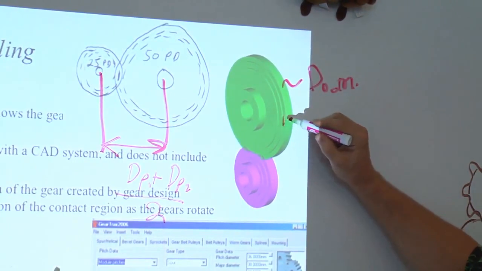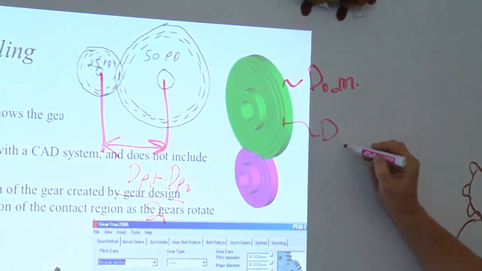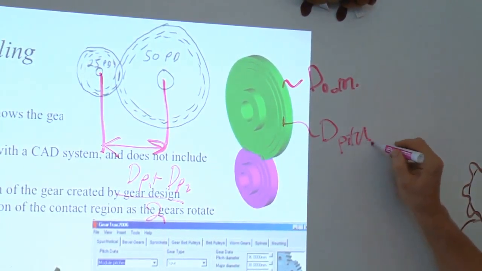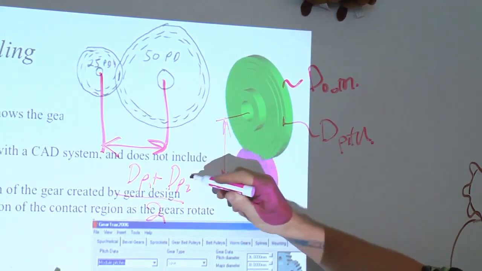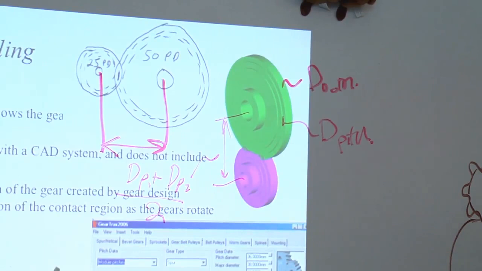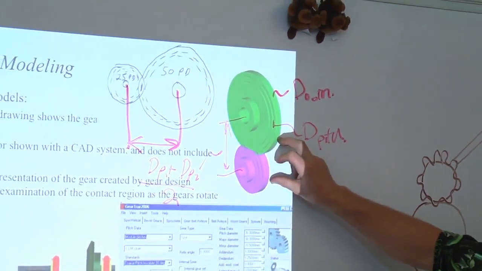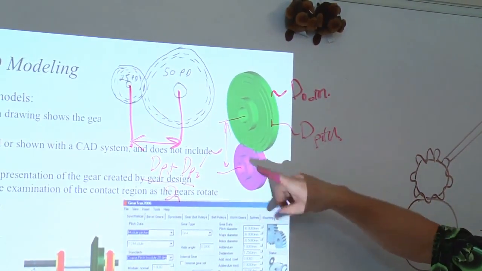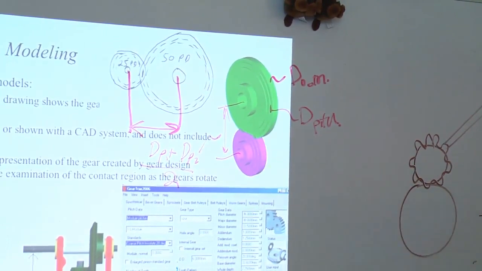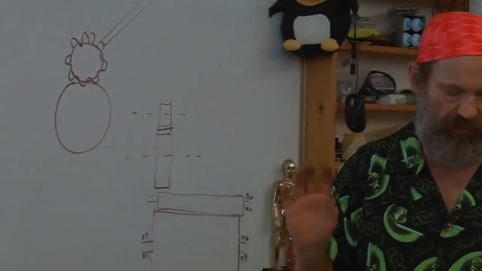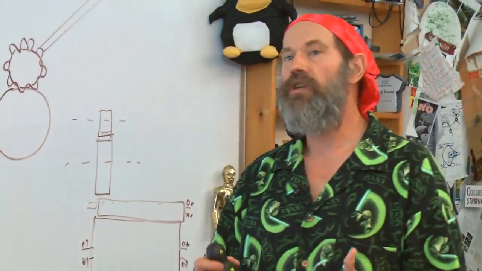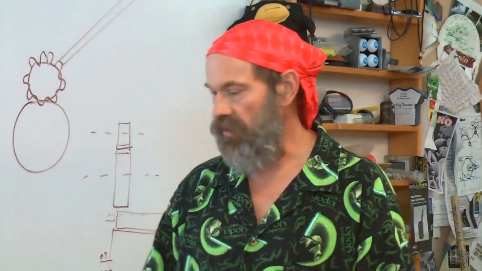This little step I drew in here shows d pitch, and you just set the center distance equal to half of the sum of the two pitch diameters. And you go ahead and, in your solid model, you let the two solids overlap in the assembly. It enables you to very rapidly create a good enough solid model of your gear train.